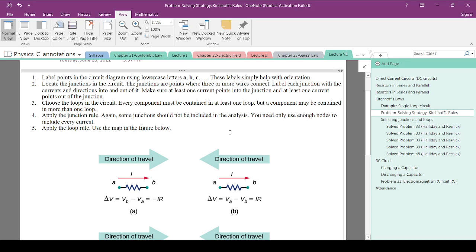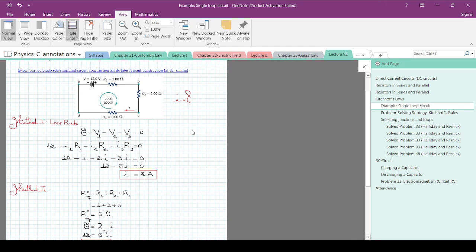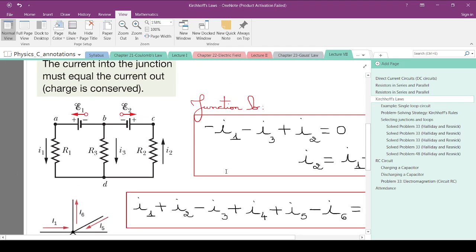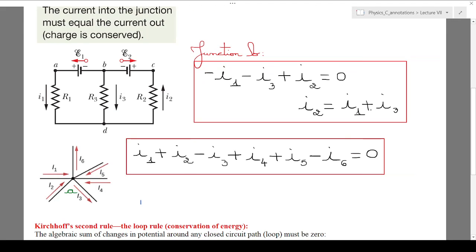It's also important to locate the junctions in the circuit. I'm going to make one small comment going back, for example, to this example here. Let's go back just for a couple of minutes before we keep going, because for this one you have 2 loops, and let's pay attention to this junction B and this junction D for this circuit.